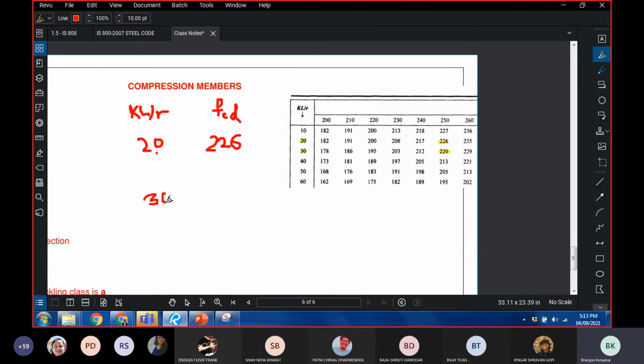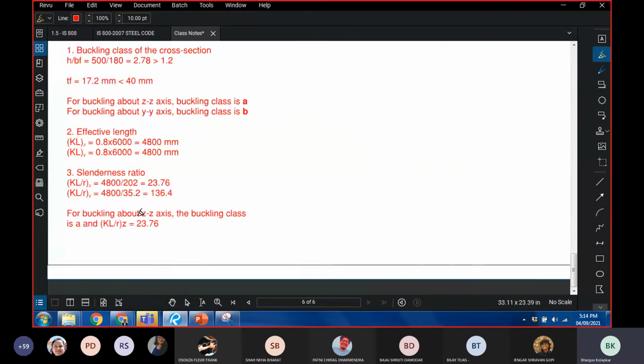For 30, the value is 220. We have to find out the value for 23.76.